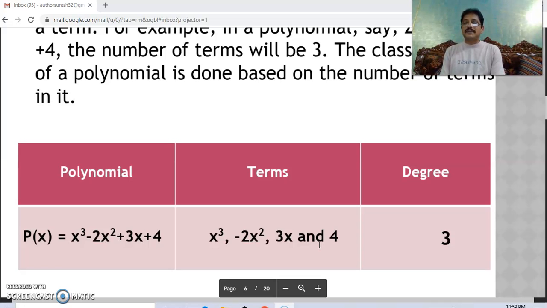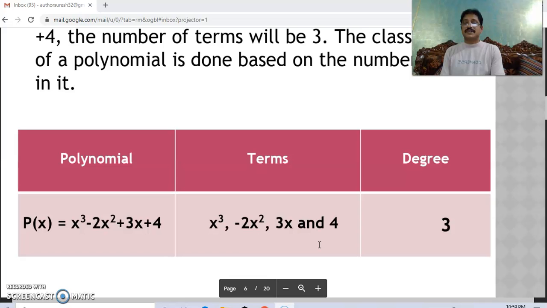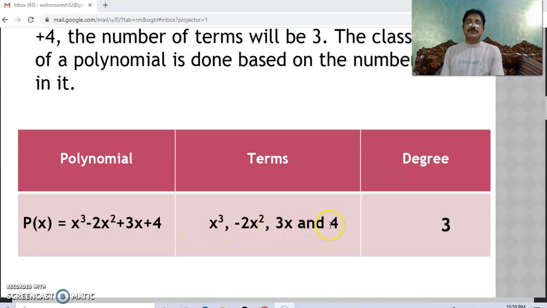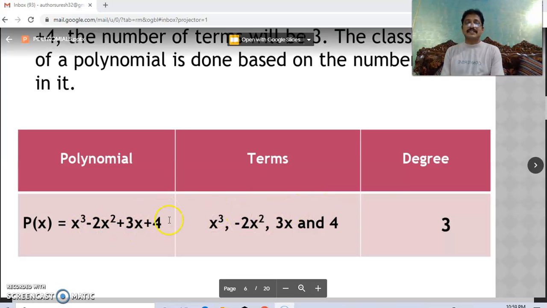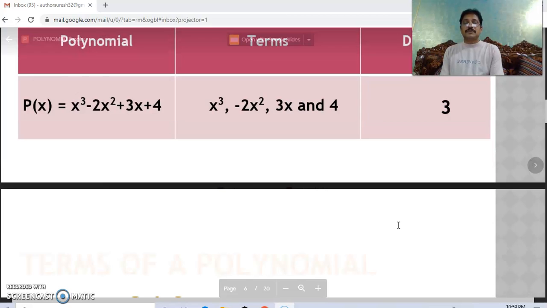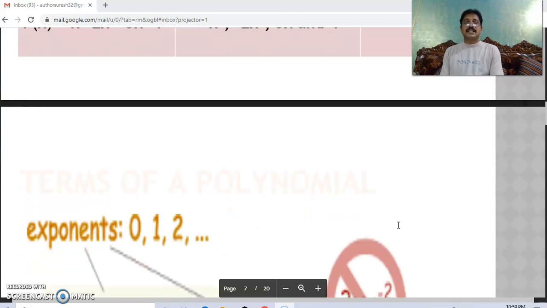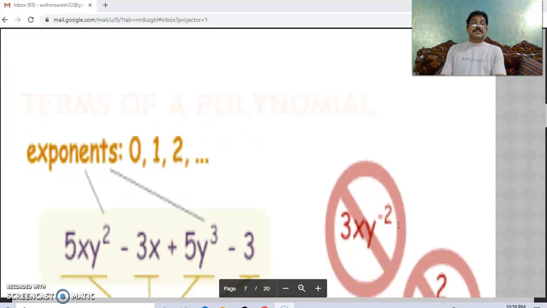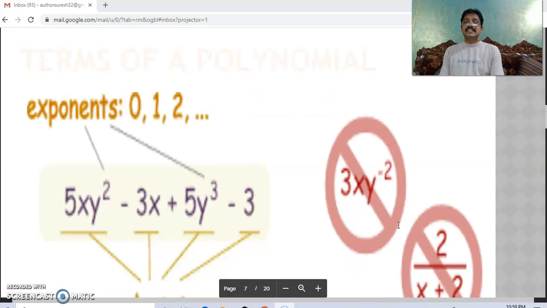Consider a polynomial p of x, x cube minus 2x squared plus 3x plus 4. Here x cube, minus 2x squared, 3x and 4 are the terms, and the degree of this polynomial p of x is 3. We are going to discuss what the degree of a polynomial is, and which algebraic expressions are polynomials and which are not. We will discuss in detail here.